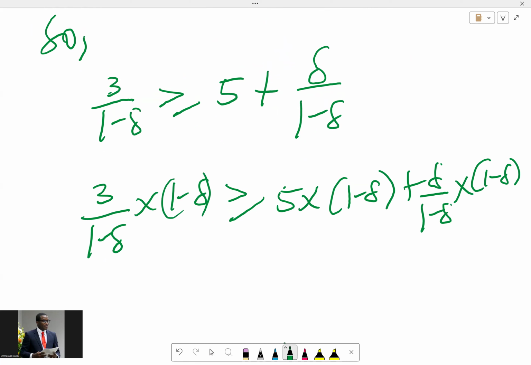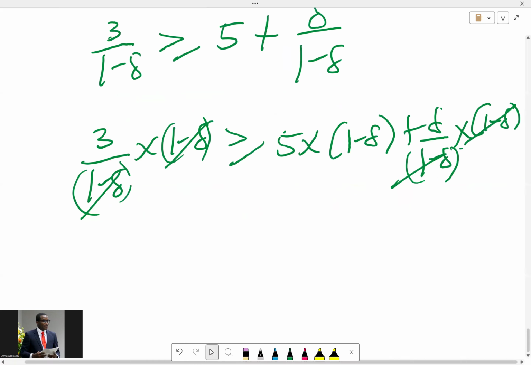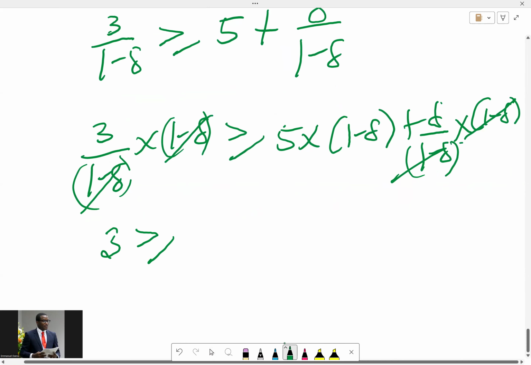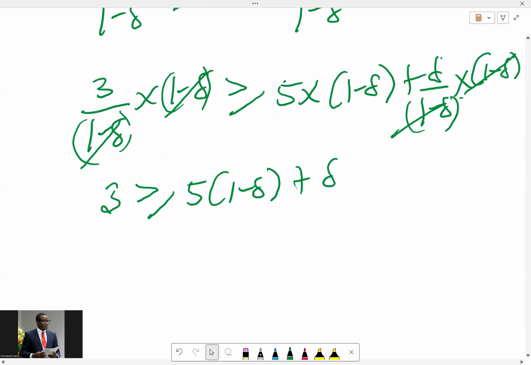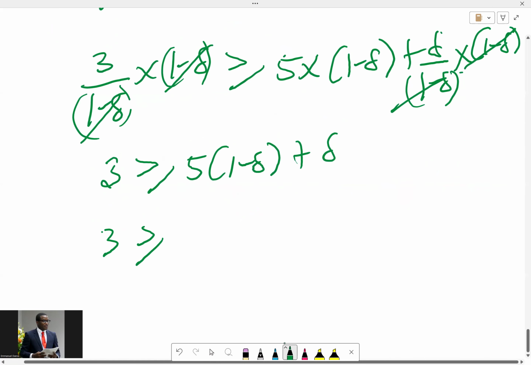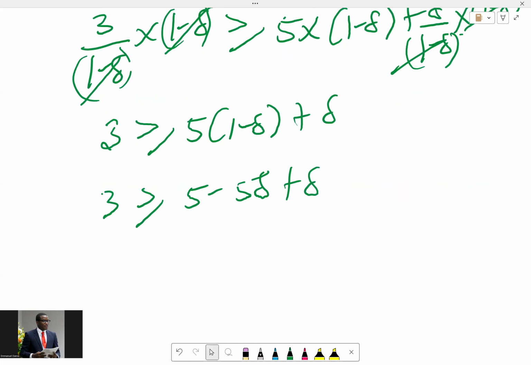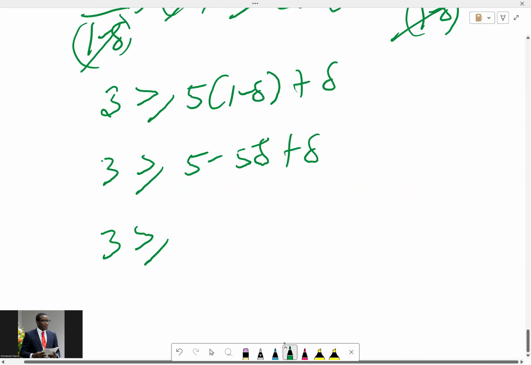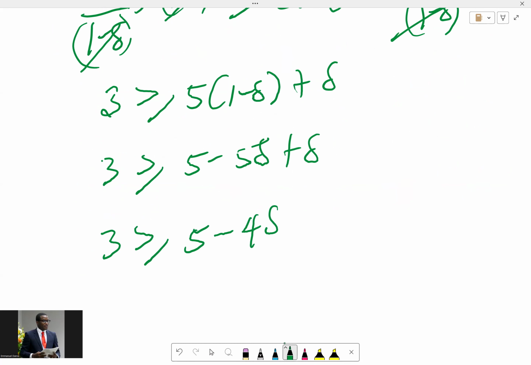So this cancels out, this cancels out. So we have 3 is greater than or equal to 5 into 1 minus delta plus delta. So 3 is greater than or equal to 5 minus 5 delta plus delta, which is 5 minus 4 delta.